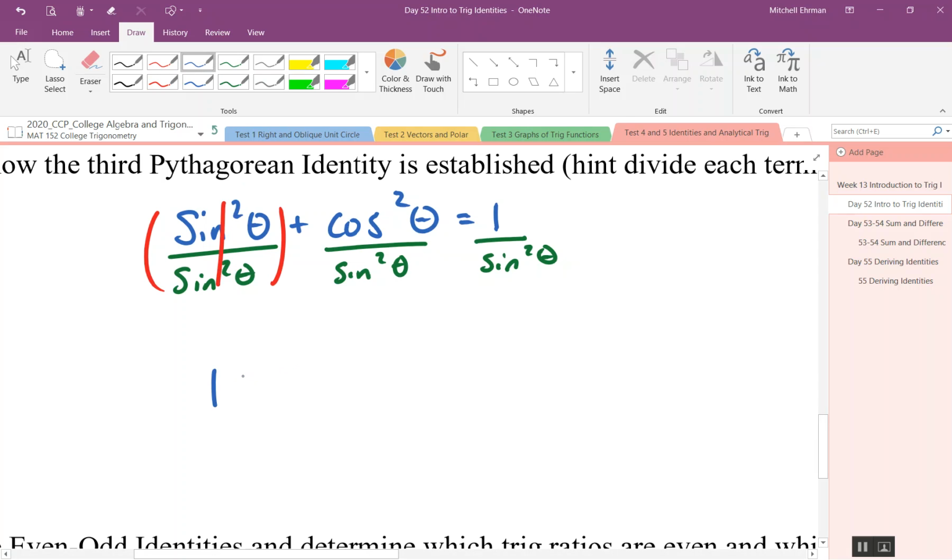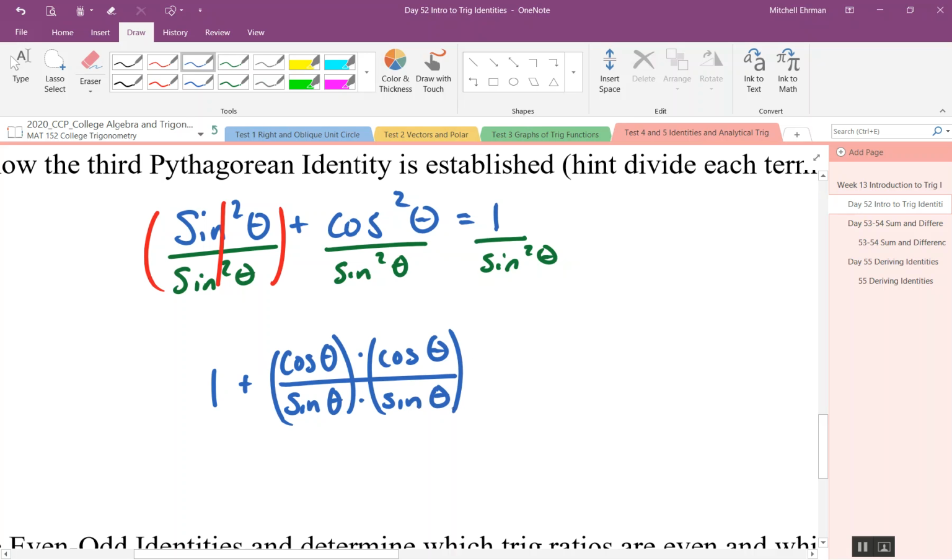And if it wasn't real clear why this is going to turn into cotangent in this case, let me just remind you, cosine squared and sine squared are really just cosine theta times cosine theta, and sine theta times sine theta. And in a sense, we've got two of the same fractions that are multiplying here.